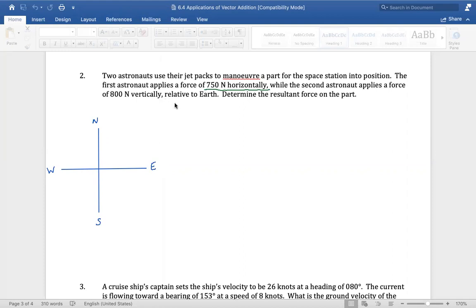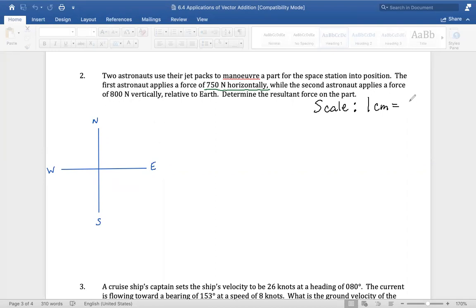So the green, and we need to scale. Obviously for 750, I need my scale to be more than just a 1-to-1 conversion to centimeters. Let's say our scale would be 1 centimeter equals, well, one is 800 and one is 750. I probably don't want to draw more than 5 centimeters.